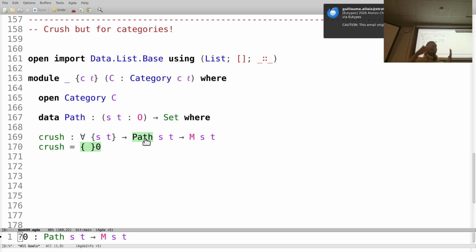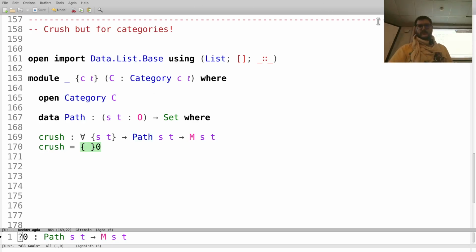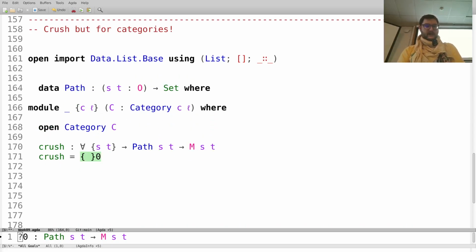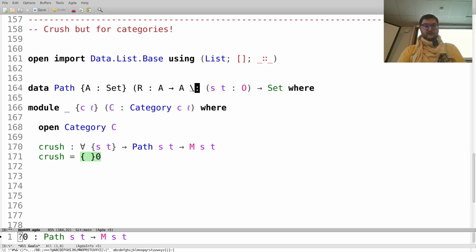Instead of having a list of things, I will have a path through the graph described by the category. And indeed, that notion can be generalized to an arbitrary relation. It doesn't have to be a category in particular.